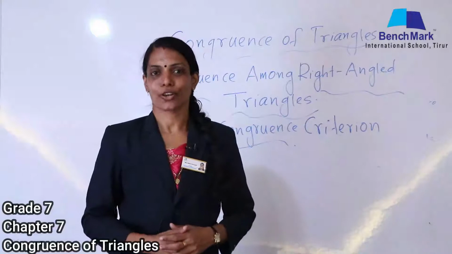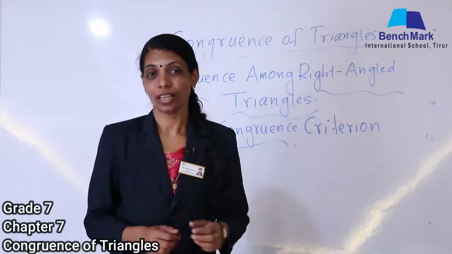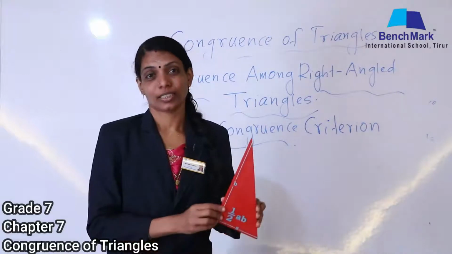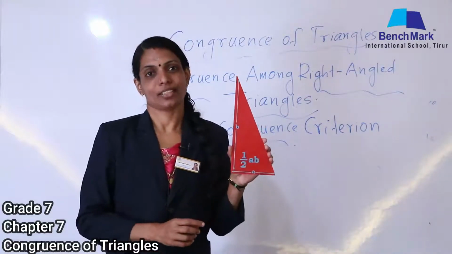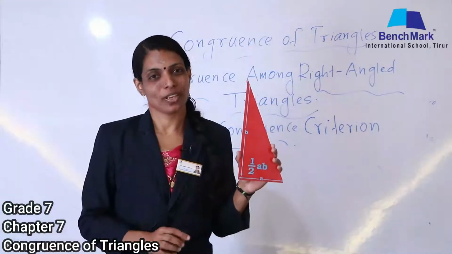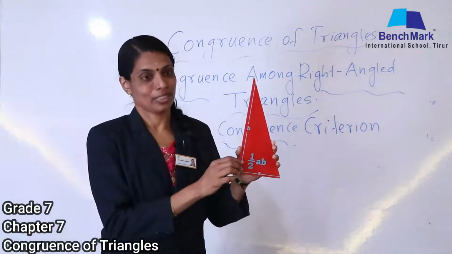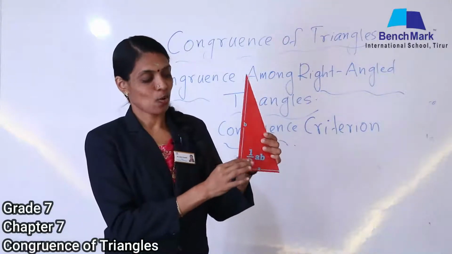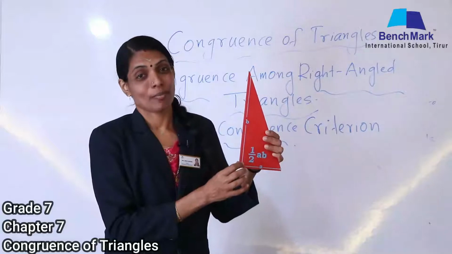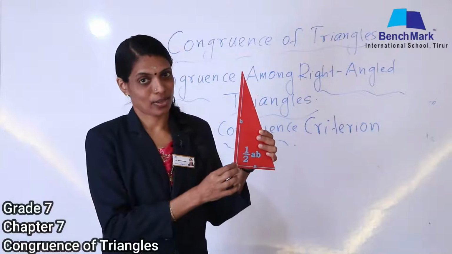The next important topic that we have to deal in this chapter is about another triangle which you know already, that is the right angled triangles. Already you know what's the meaning of right angled triangle. What do you mean by a right angled triangle? Yes, if a triangle has one angle measuring 90 degrees, it's called a right angled triangle.